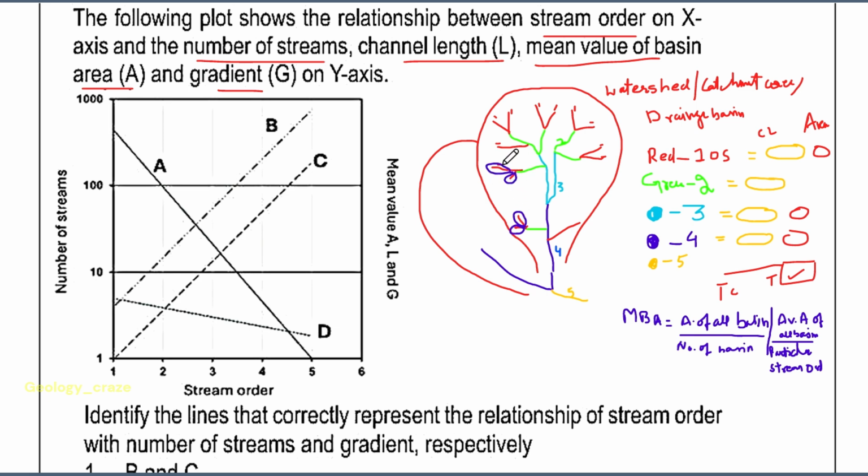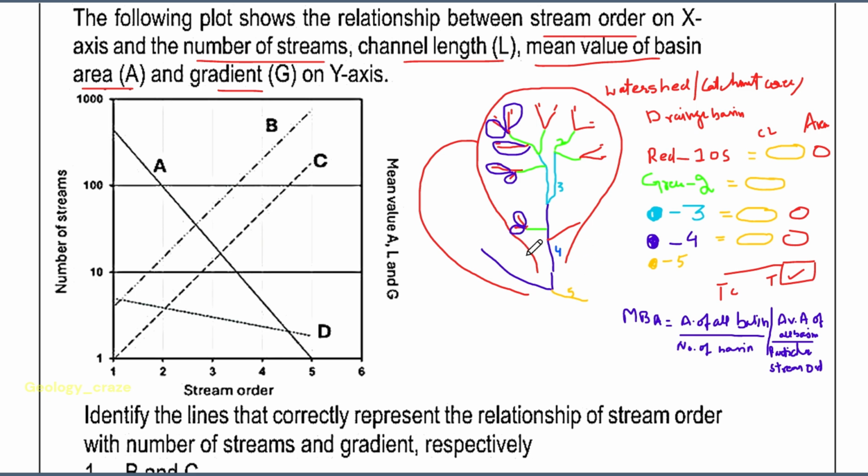So the area of all these basins we have to add and average out, and we will get our mean area of all basins.